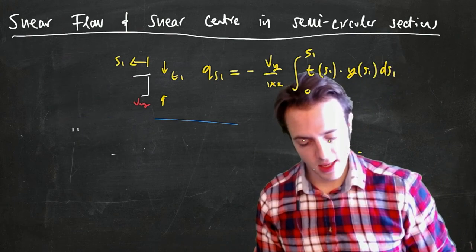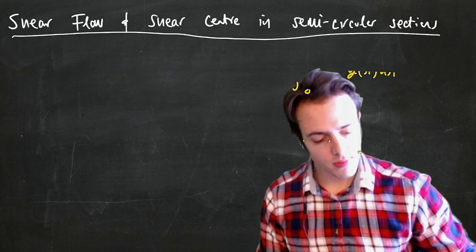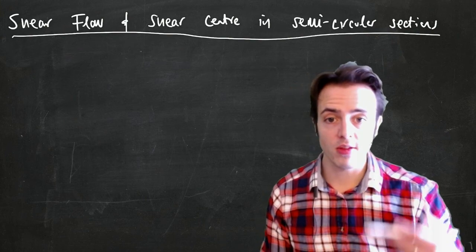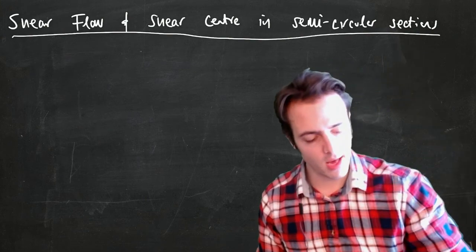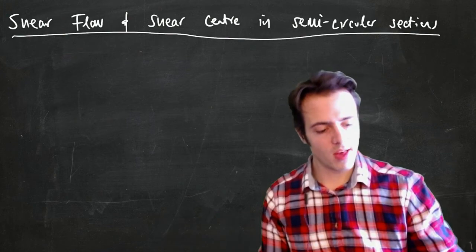What we're going to look at is the next more complicated part, which is looking at shear flows in curved parts of sections, specifically looking at semicircular sections, because we can define nice equations that describe those sections for us.